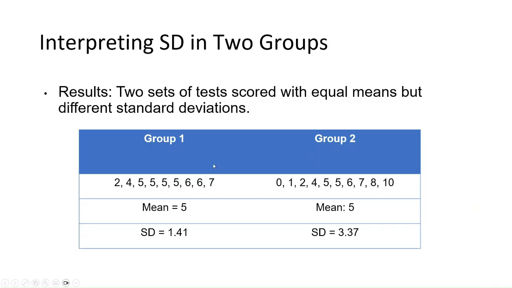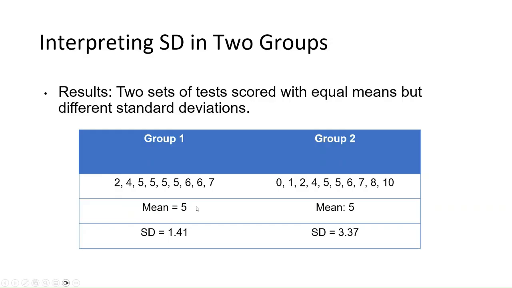So in this data, both groups have a mean of 5.0. However, when considering variation, it's evident that the group on the right, which has more heterogeneous scores, exhibits a wider spread from 0 to 10. Upon examining the standard deviation, it becomes apparent that the heterogeneous group has a larger standard deviation compared to the homogeneous group, as shown in the left data set.